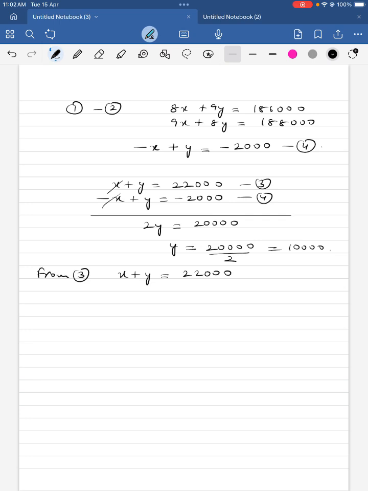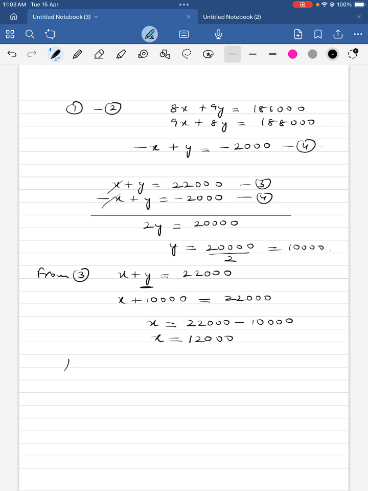In this, I'm going to substitute the value of y as 10,000. So x plus 10,000 is equal to 22,000, or x would be 22,000 minus 10,000, which would give me x as 12,000.